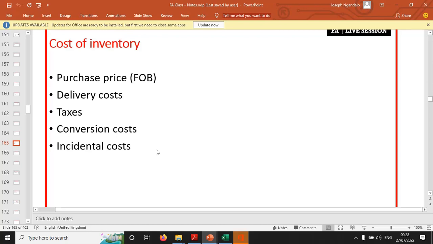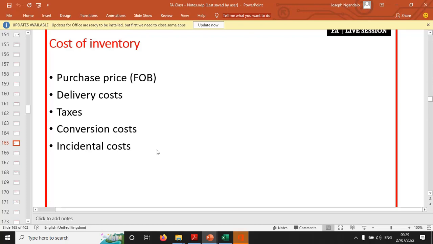There's also what we call transport. We can call it delivery cost. Remember carriage inwards at your level. Carriage inwards. Tax, non-refundable taxes. Under tax, you also have import duty, right? For those who order vehicles to be sold.